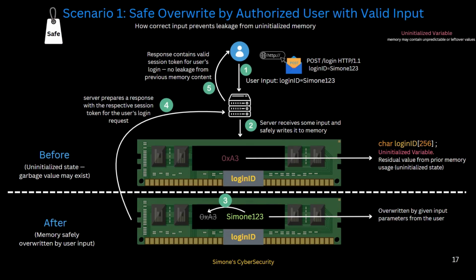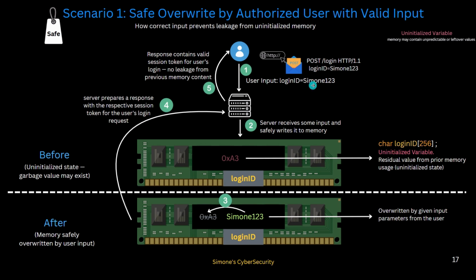All right, let's walk through scenario 1. Here we are looking at a typical case where a user sends a login request to the server, and the request includes the login ID parameter. For example, something like login ID equals Simon123. Now, it's important to note that it doesn't really matter if this is a valid login ID or not.